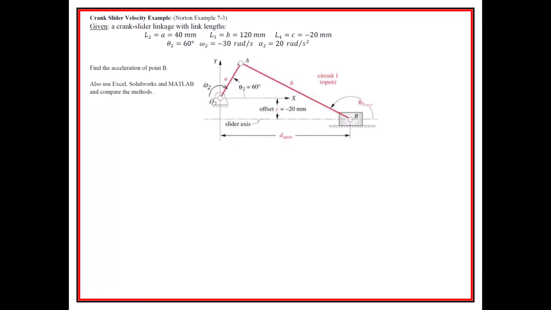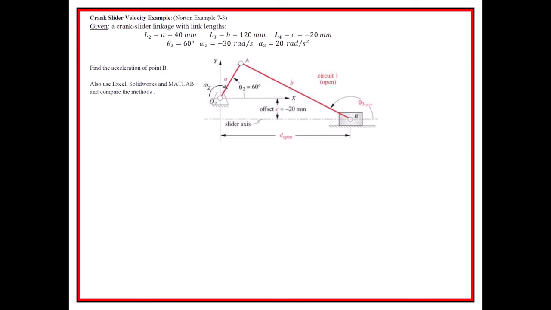Okay, well here's a second example from class 18, and I'm going to do the crank slider and do a little velocity analysis in Excel and with SolidWorks, hopefully.